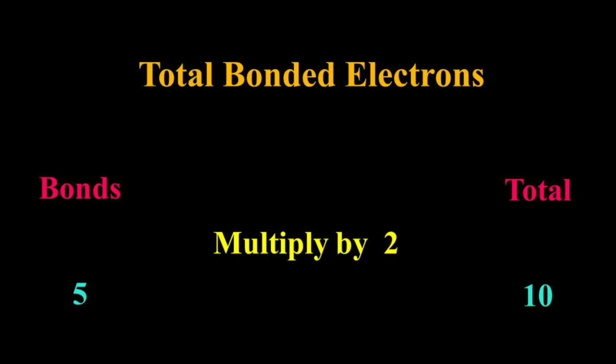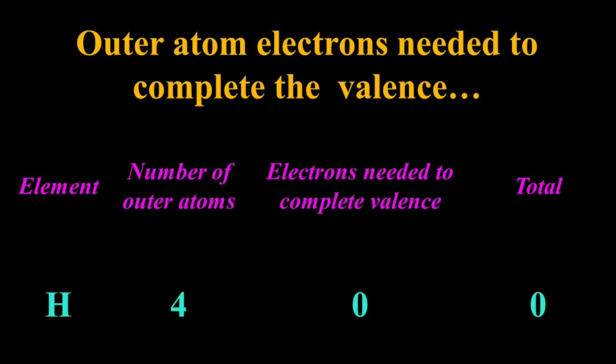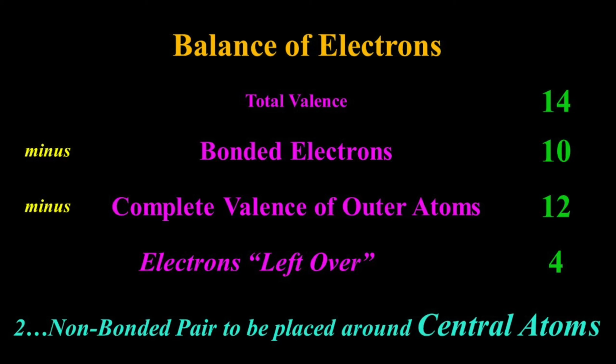So we have 10 bonded electrons. And we have no additional electrons needed to complete the valence of the outer atoms. So you'll have 0 electrons to complete the valence. That gives us 4 electrons left over, 2 non-bonded pairs to be placed around the central atoms.